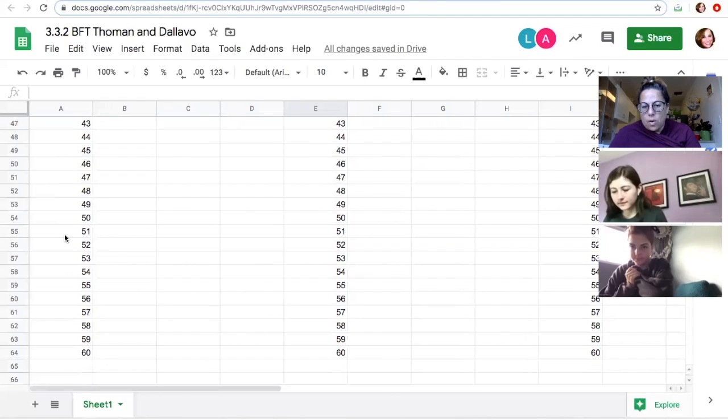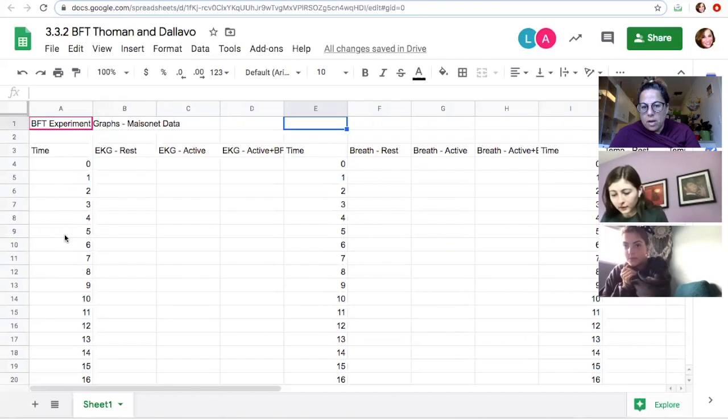So I'm going to leave all of the time columns in place right now so that it stays organized across the board and you don't lose track of where you are. But eventually we'll remove these extra 2 columns of time just so that our graph isn't confused by more data.